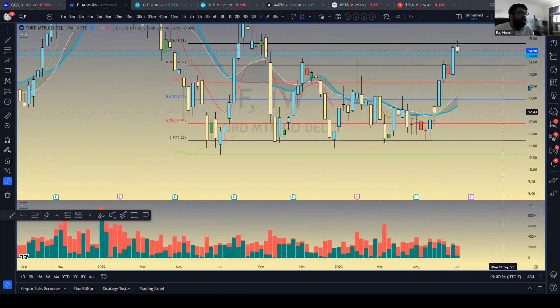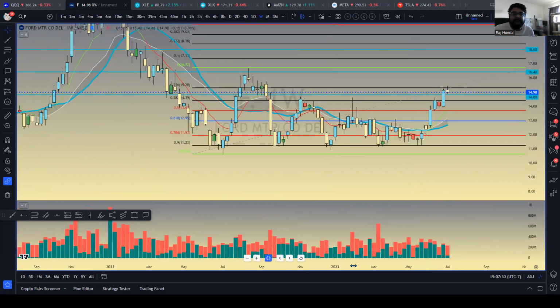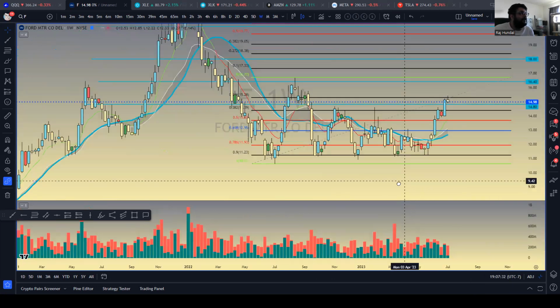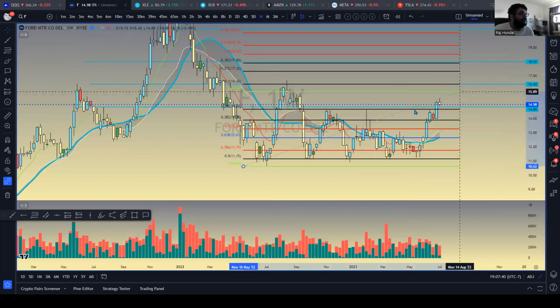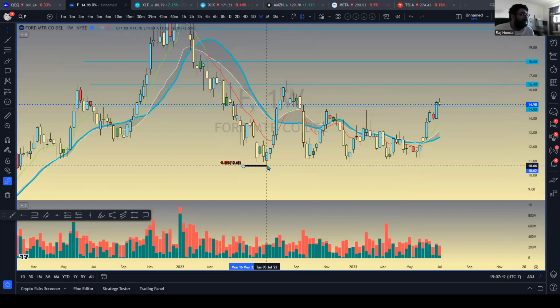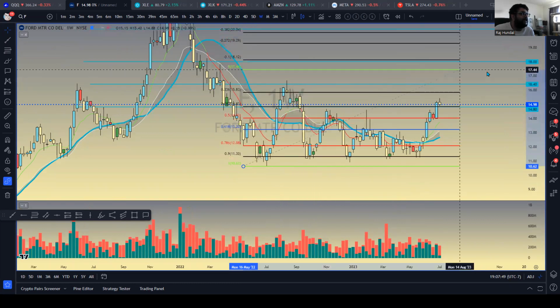And every dip should be a buy the dip opportunity. Not only that, but the Fibonacci I'm using is from this low to this high on the weekly chart, extended over.